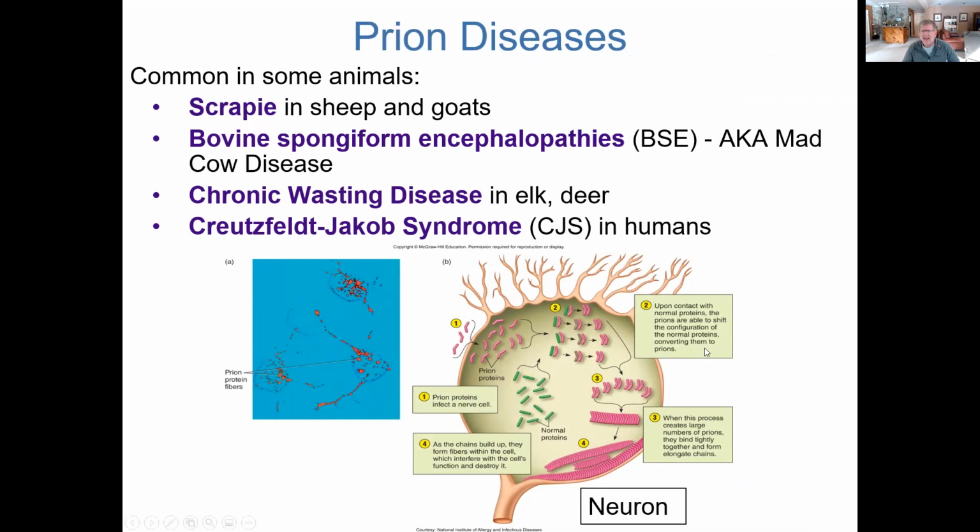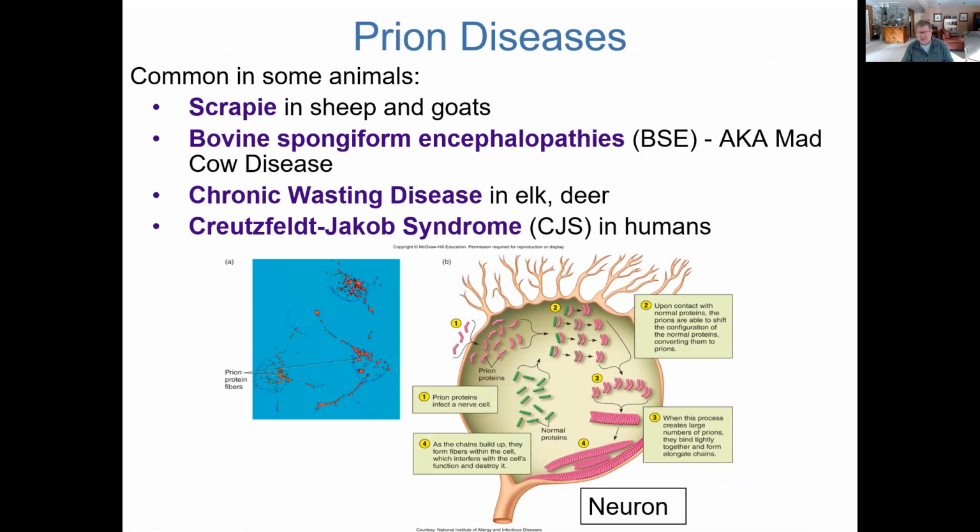When they come into contact with what we would call normal proteins, those that have the proper shape and are providing a beneficial function to the cell, when the prion proteins are exposed to the normal functional proteins, it causes them to become prions. They convert from a normal morphology, shape, function into an abnormal shape, abnormal function.